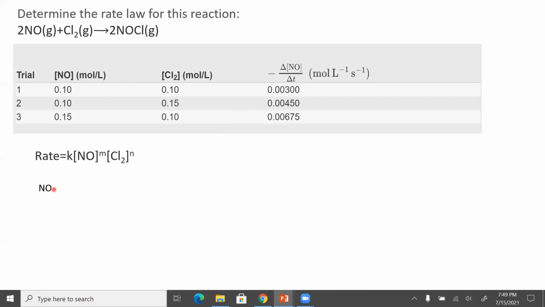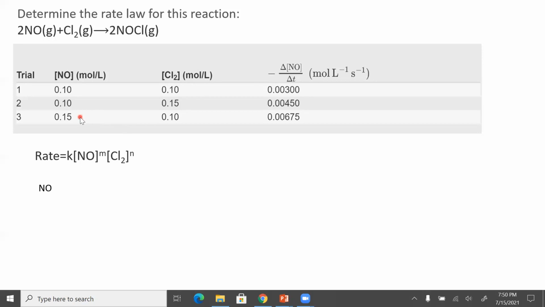So in order to look at nitrogen monoxide, we want to compare 2 trials where the nitrogen monoxide changes, but the chlorine doesn't. We want to change the nitrogen monoxide, but we want the chlorine to be constant.